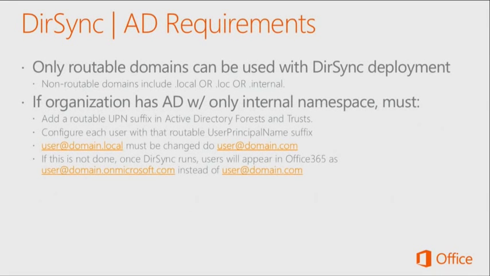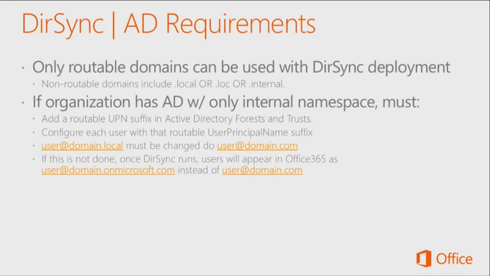Active Directory requirements. So here's a big one. Only routable domains can be used with a DirSync deployment. All right. Non-routable domains include .local, .loc, or .internal. These are domains that you may have set up your internal domain name as, company.local, when the Active Directory server was originally installed. You must have a routable UPN suffix.